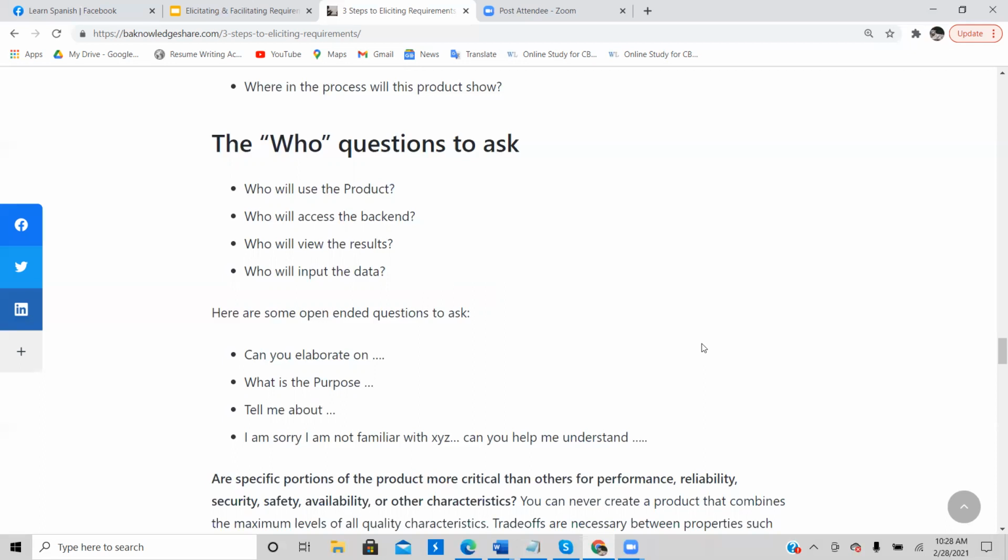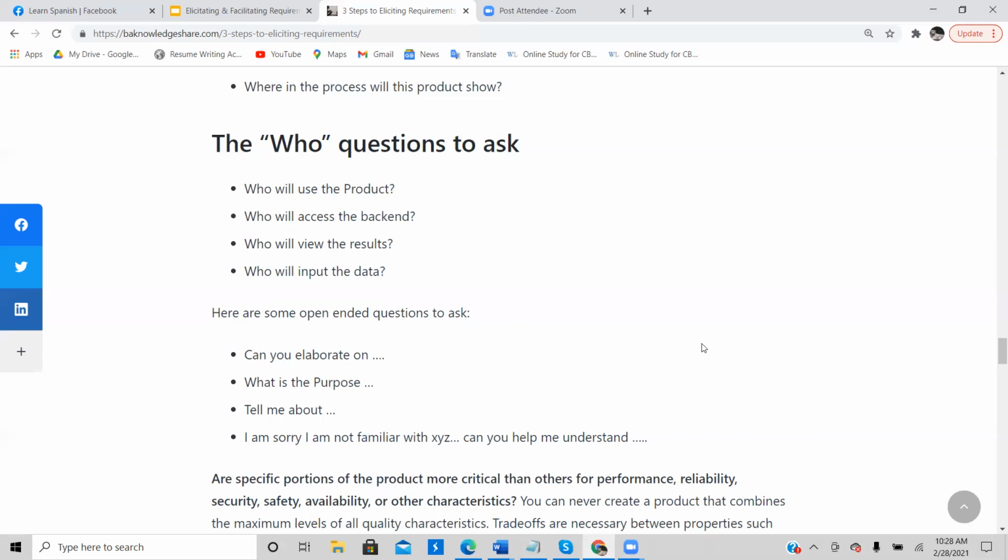So as an example, can you elaborate on XYZ, right? So it's not very confrontational. It helps them realize that they need to be more specific, right?